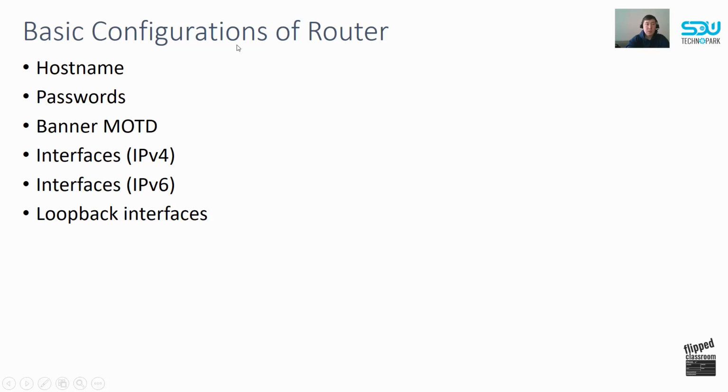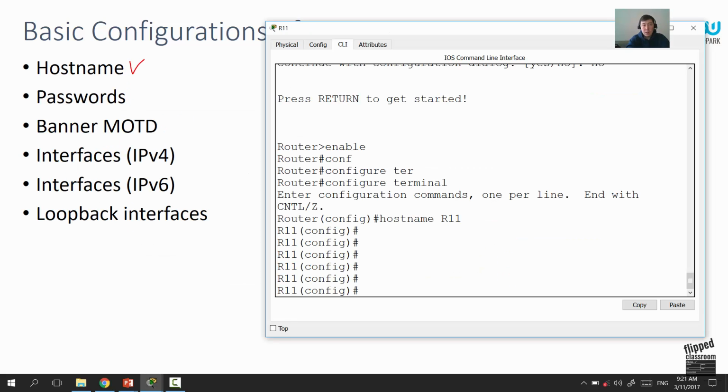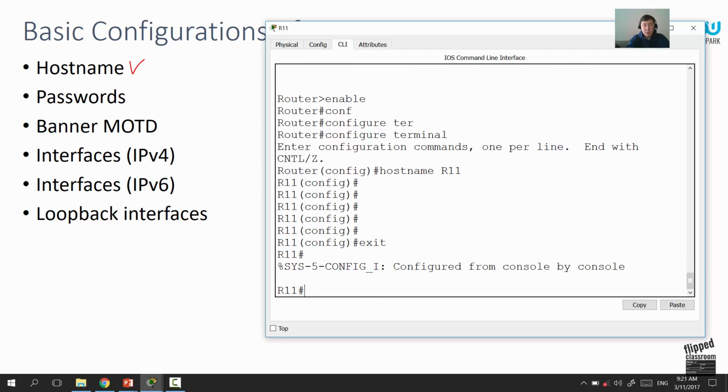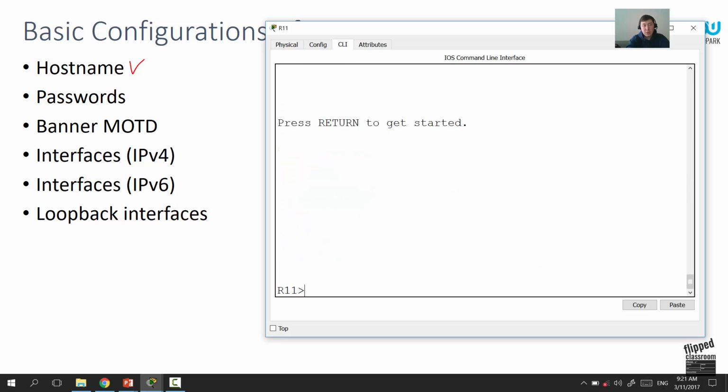First job is done, so we configured the host name. Now let me show you how to configure the passwords. When someone tries to have access by the console line, like we did right now, for example if we exit the session and I try to make configuration, I already have this ability to do it.